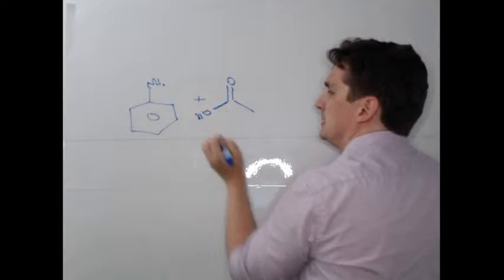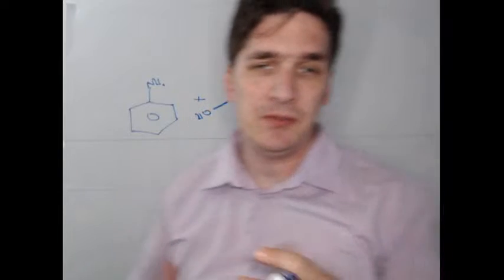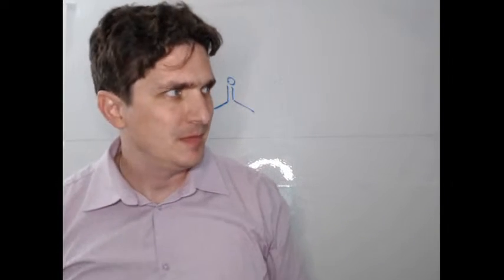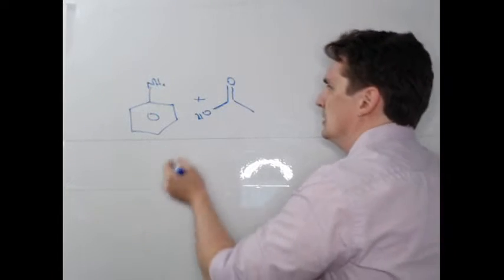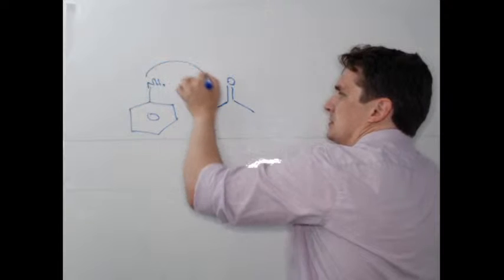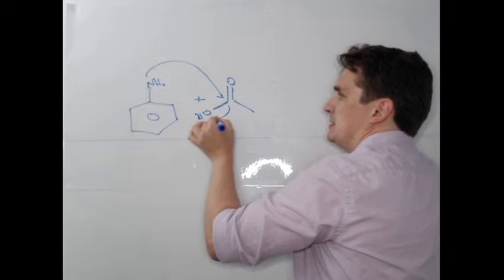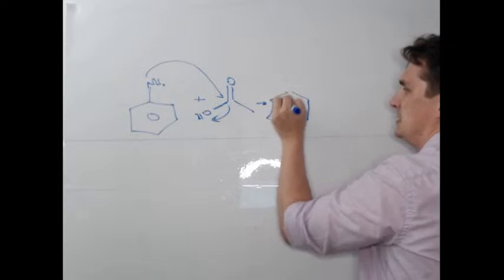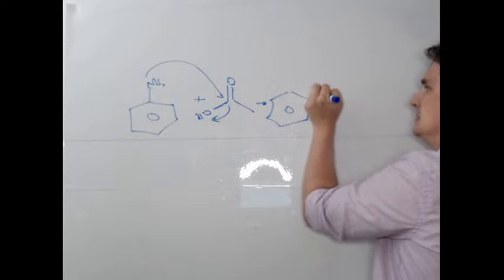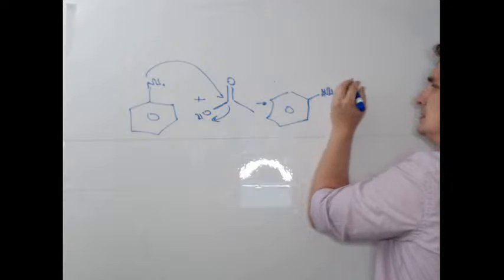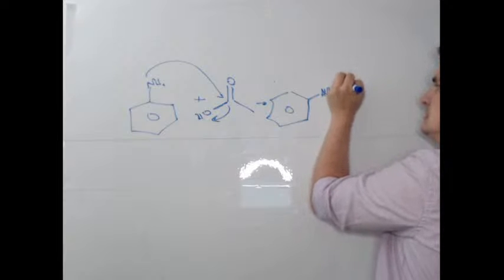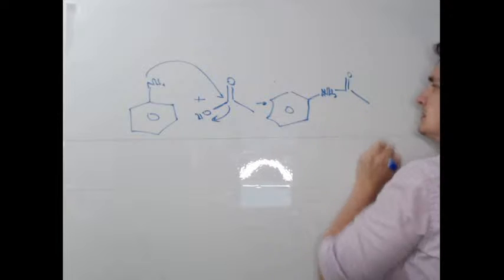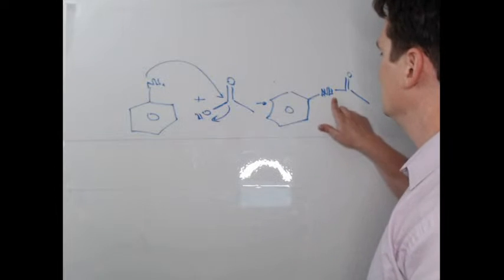So acid aldehyde here. First thing we're going to do is form the amide. So we're going to attack there. We're going to displace the OH group, and we're going to end up forming, as the first intermediate, this compound.